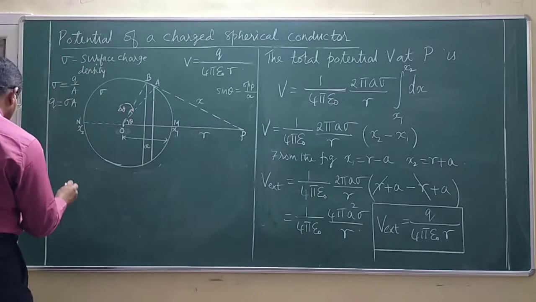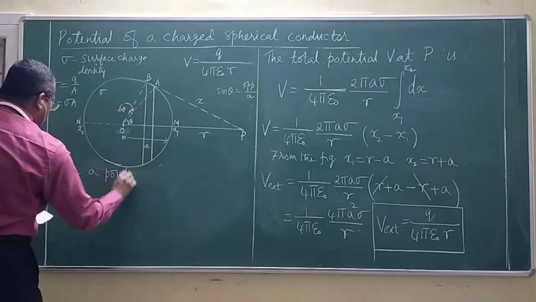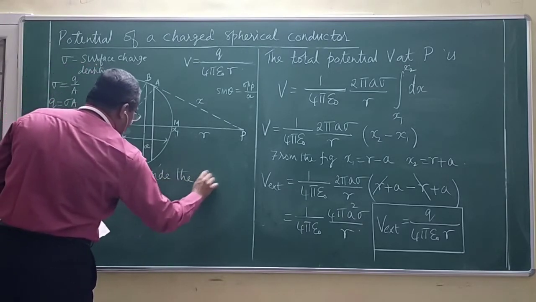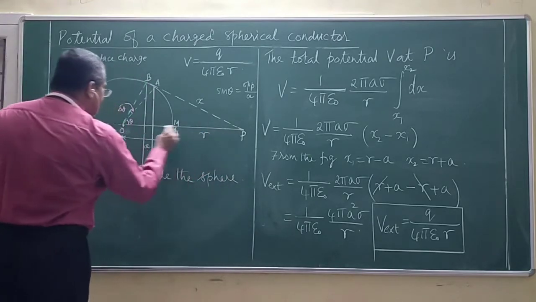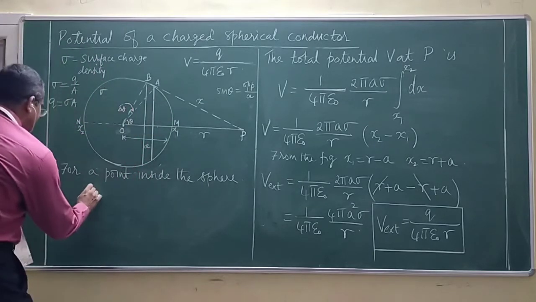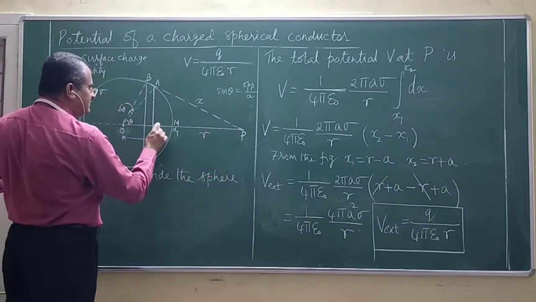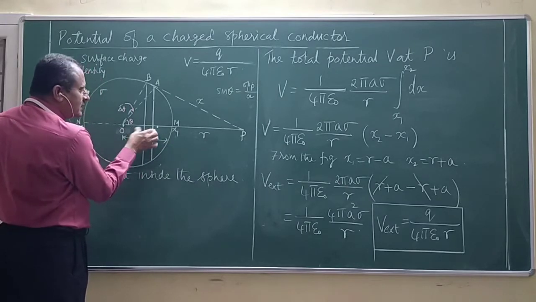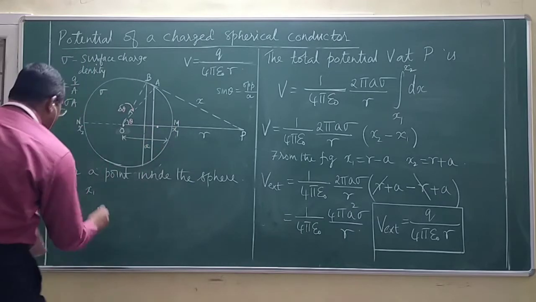For a point inside the sphere, if you take a point P somewhere here, wherever you want, inside, see, if you are placing this point P here at the dot where I have placed, O to P will be R. Then x1 will be A minus R. Is that okay to you?